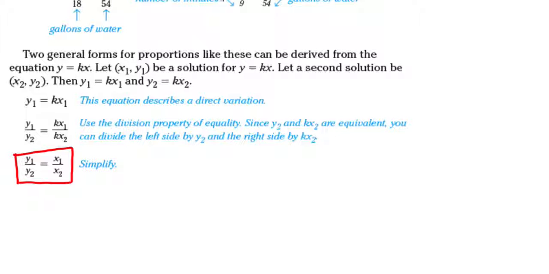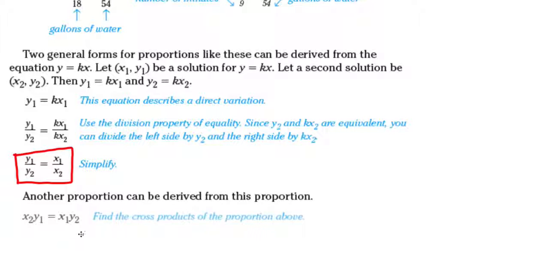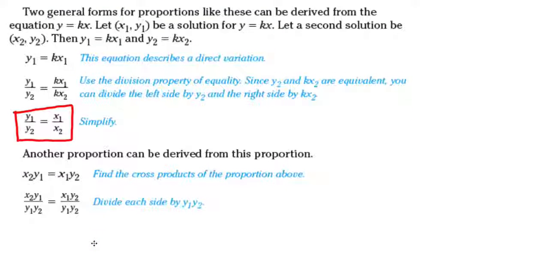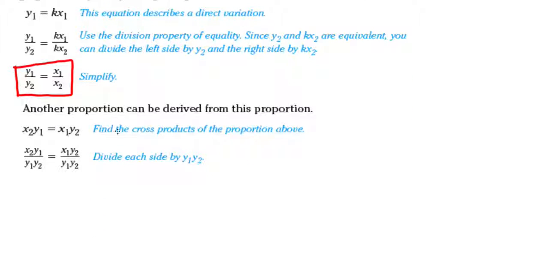Now let's find out another formula which you can use for direct variation. Another proportion that can be derived from this proportion is found by taking the cross products of x2, y1, x1, y2. If we do that and divide both sides by y1 and y sub 2, remember, whatever you divide on one side, you need to divide on the other side to make them equal.